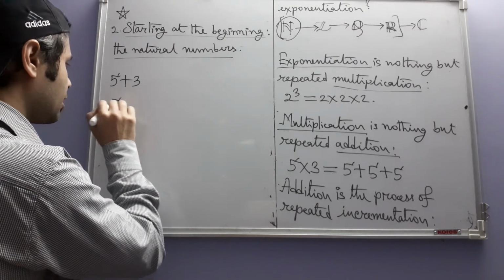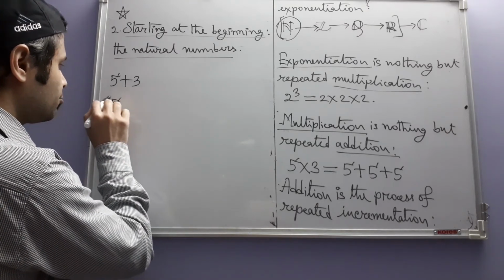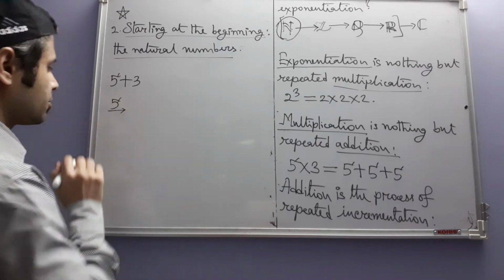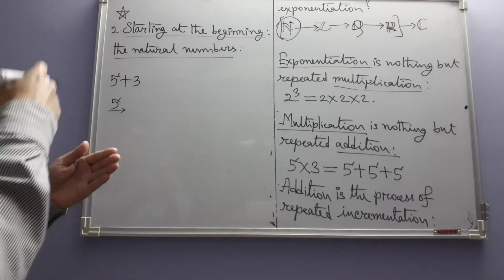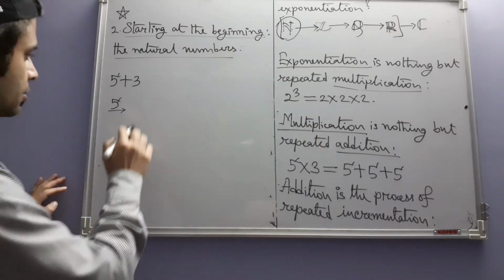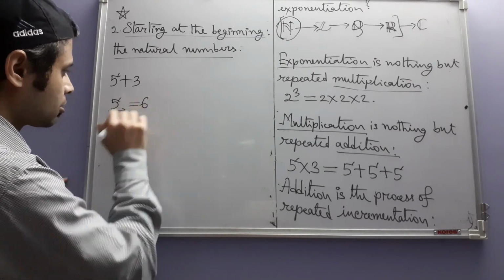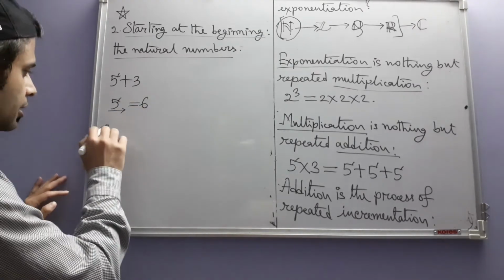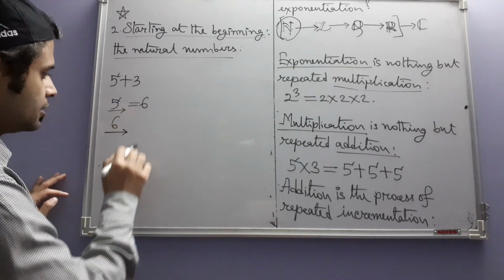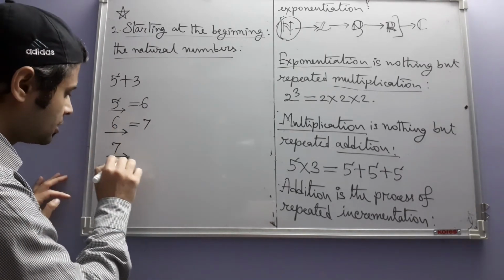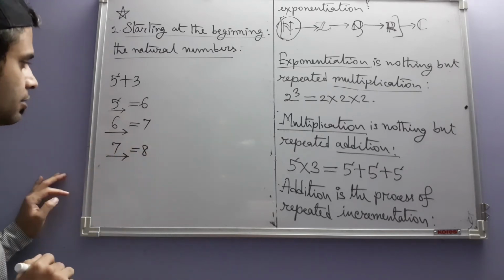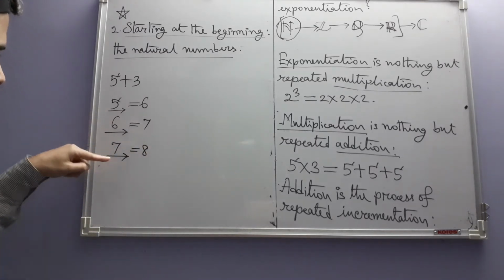I find the number next to 5. Let me denote that by this symbol. The number next to 5 is what? Next means what comes after 5? 6. The number next to 6 is 7. The number next to 7 is 8. So these are the incrementations.